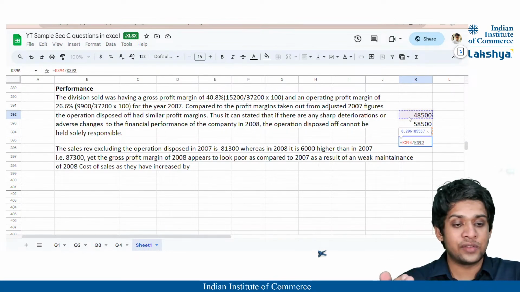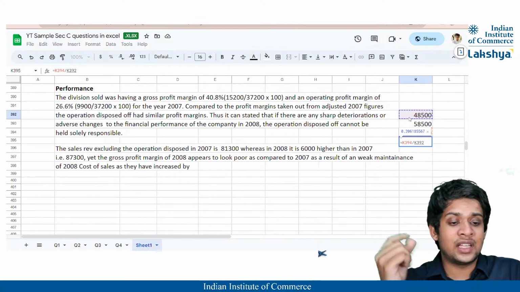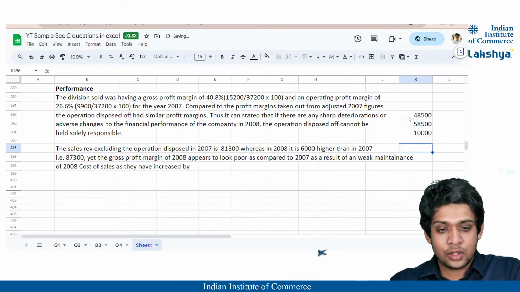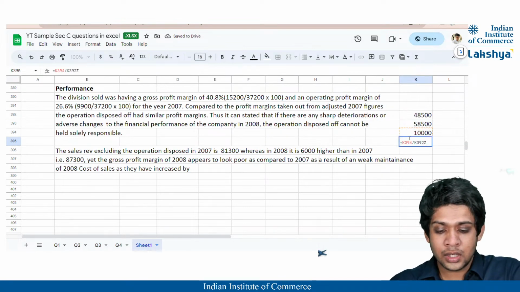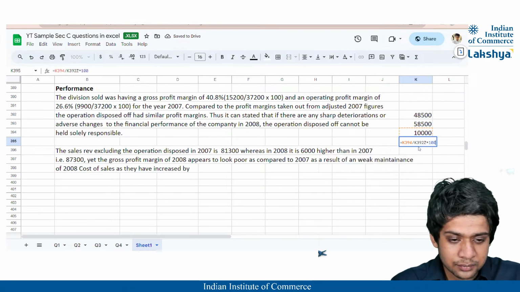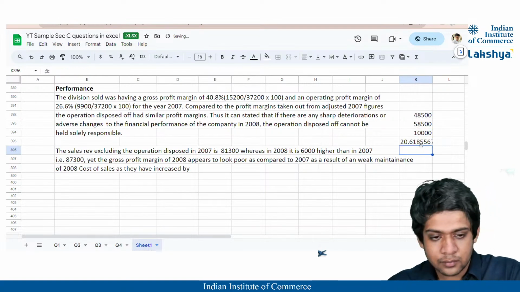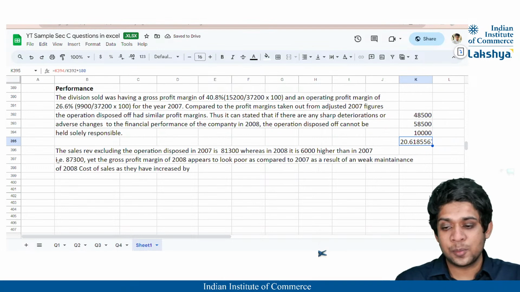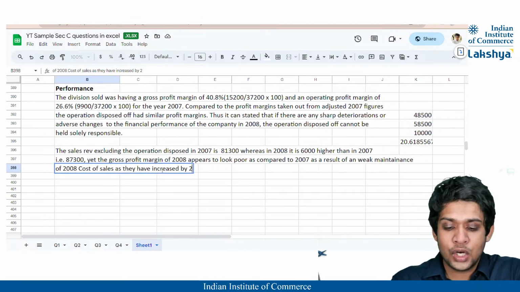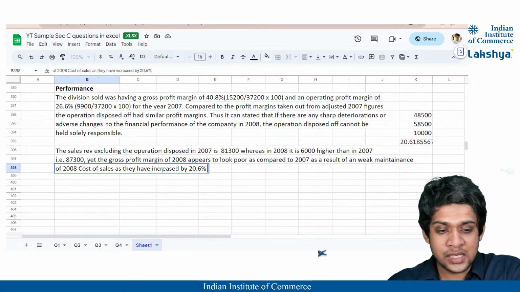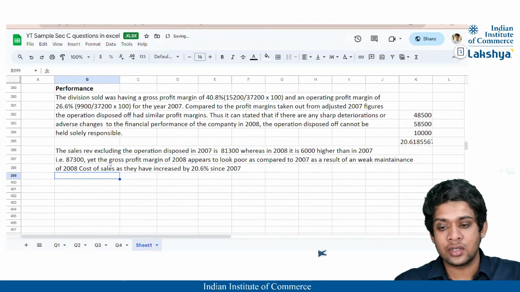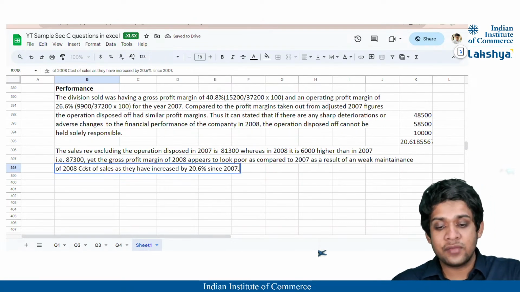We are taking 48,500 as the base because we have to identify from 48,500 how much is the increase. Into 100, it is going to be 20.6%. So as the cost of sales have increased by 20.6% since 2007, right? So you can clearly mention values like these.